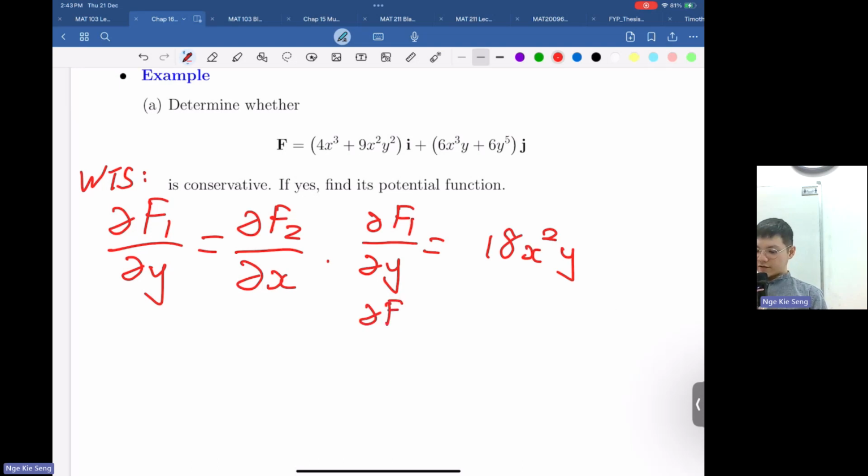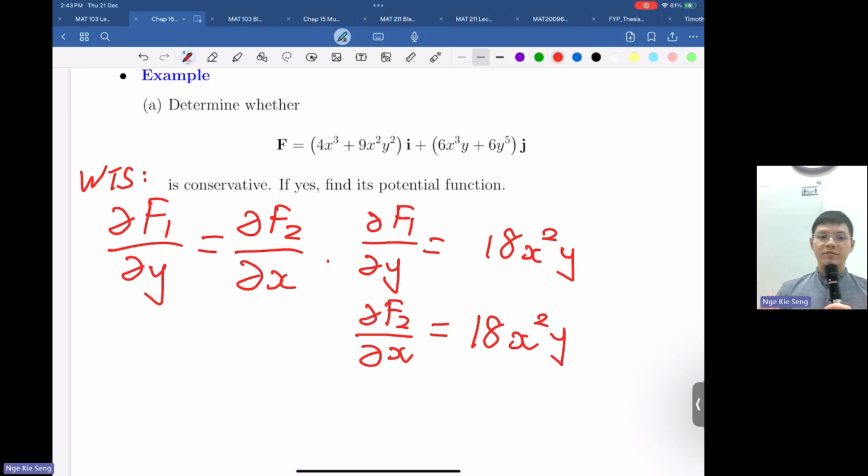What about del f2 over del x? 18 also x squared y. So they are equal. So it is conservative. But you still need another condition, right?